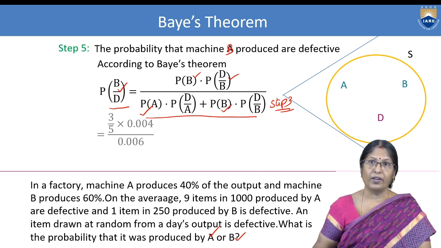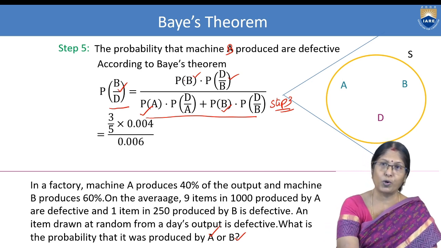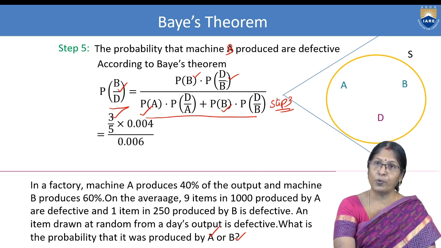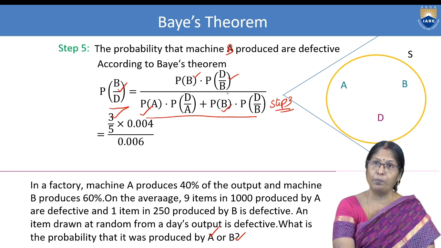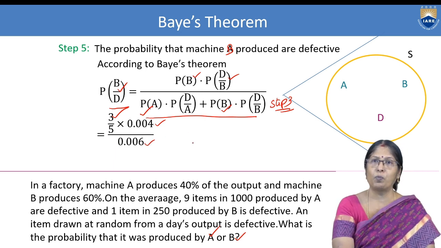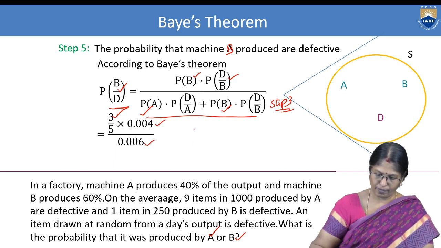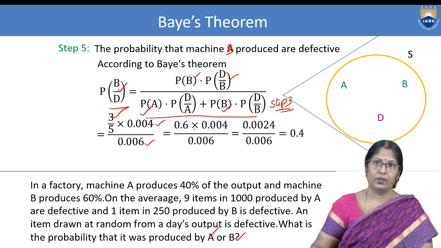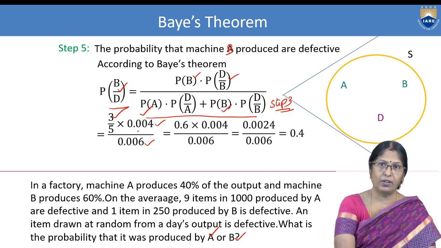What all we calculated? So, 3 by 5, probability of B, and probability of D given B, it's nothing but 0.004. The step 3 value is kept here, 0.006. The calculation part, 3 by 5, 0.6, and it is written as it is.